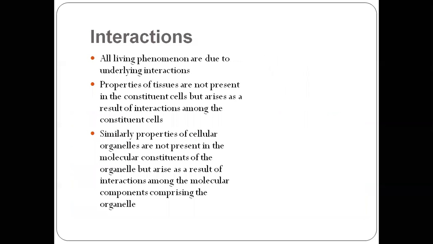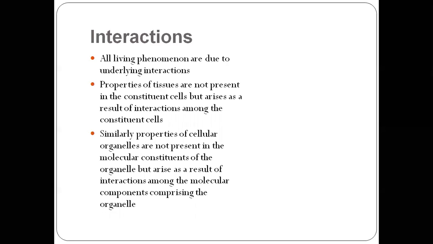Yes. Now, interactions. All the living phenomena are underlying due to interaction. We have interaction with one another, or not? Yes, we have. Let us take circulation, digestion, excretion, everything interacts in a very good manner. The properties of a tissue are not present in the constituent cells, but arise as a result of interaction among the constituent cells.